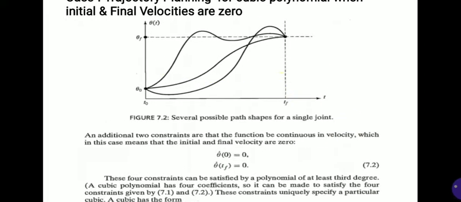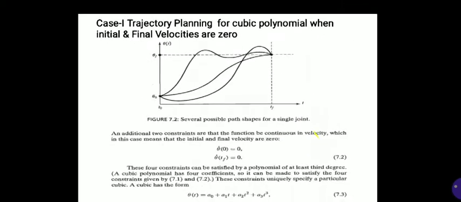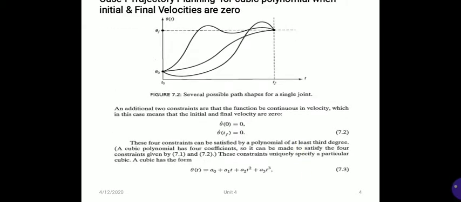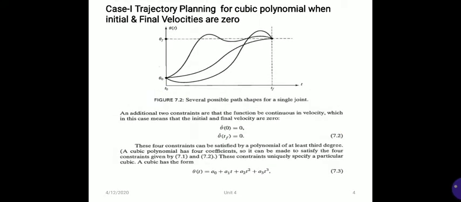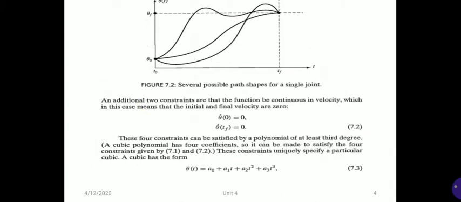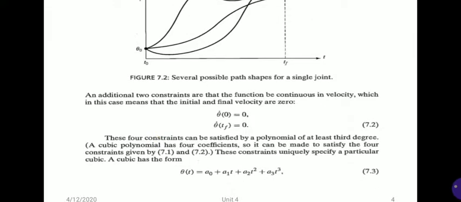In case 1 it is given that the initial and final velocities are 0. Initial and final velocities mean theta dot of 0 is 0 and theta dot of tf is 0. With this condition, to find out the trajectory, the velocity profile and the angular acceleration profile, we need to determine the values of a0, a1, a2 and a3.